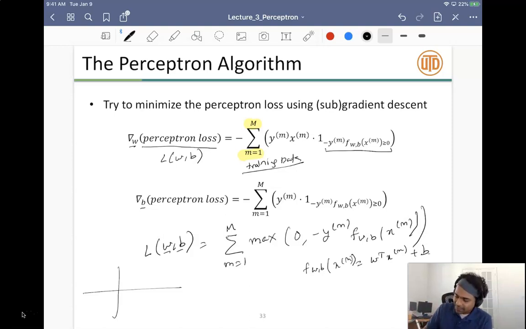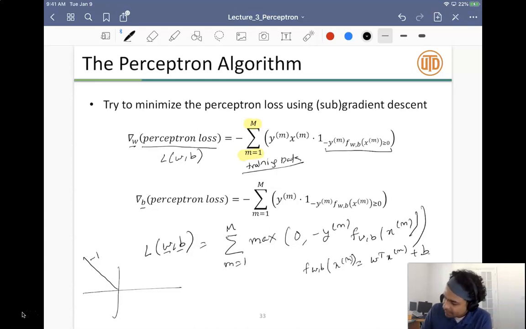In that case it has a non-negative value, but the slope in this case is -1, right? That's why you have a negative sign over here.